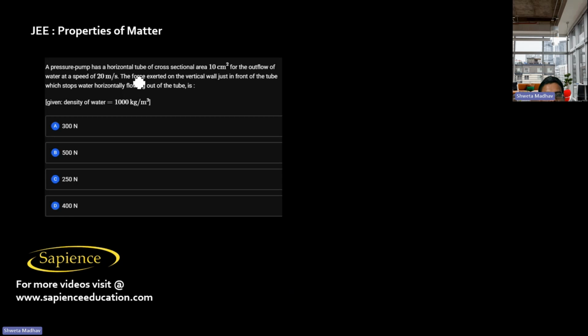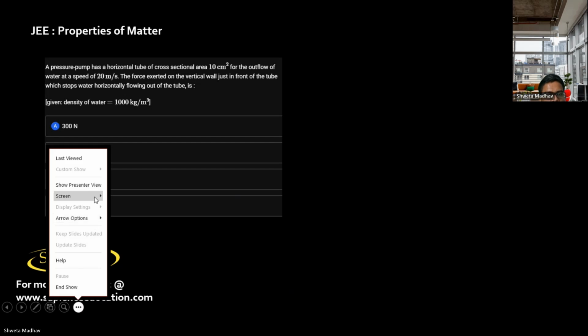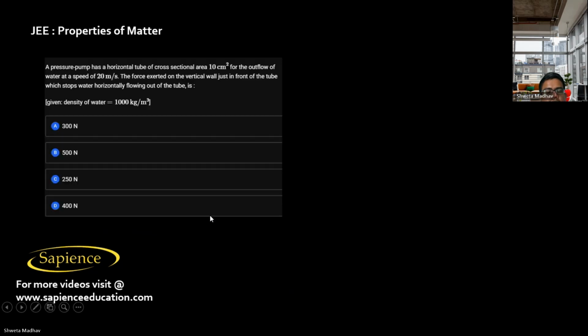When it is told a pressure pump has a horizontal tube of cross-sectional area 10 centimeters square, for the outflow of water at a speed of, let's call it V1, that is 20 meter per second.